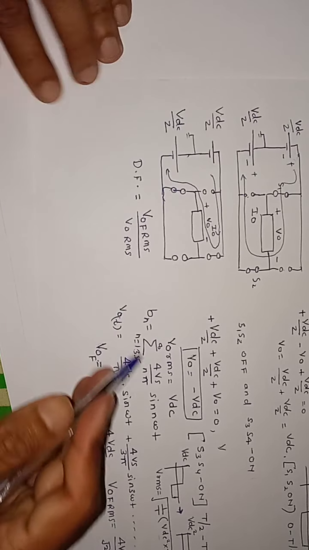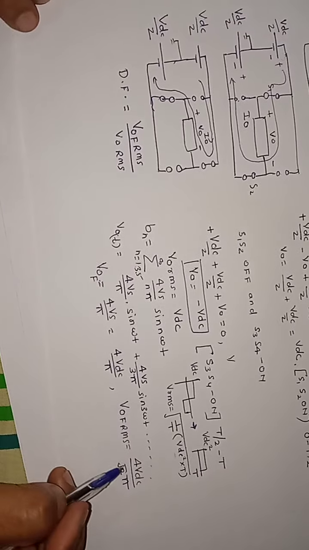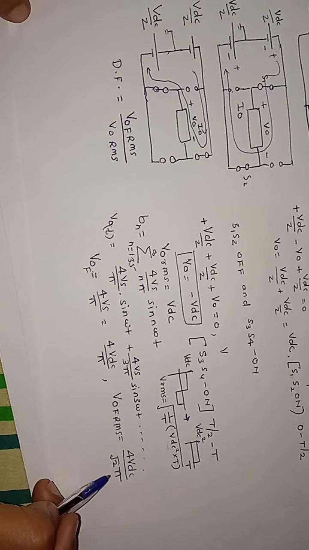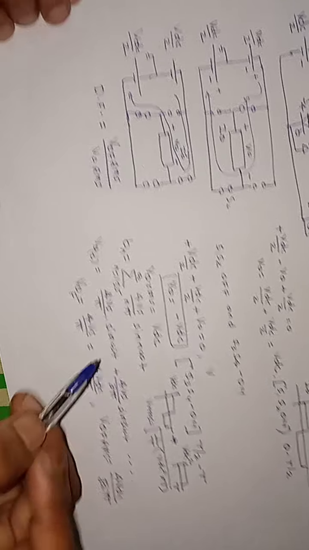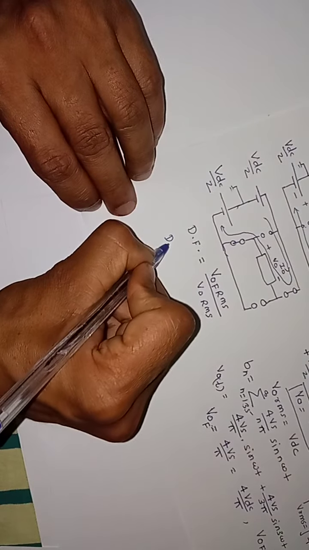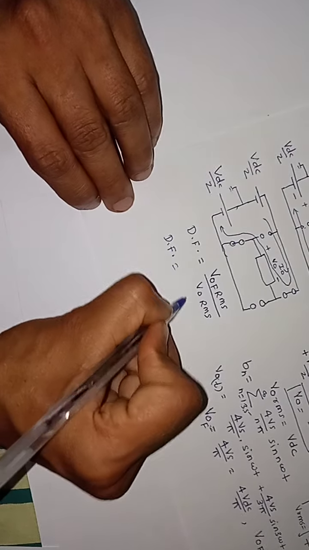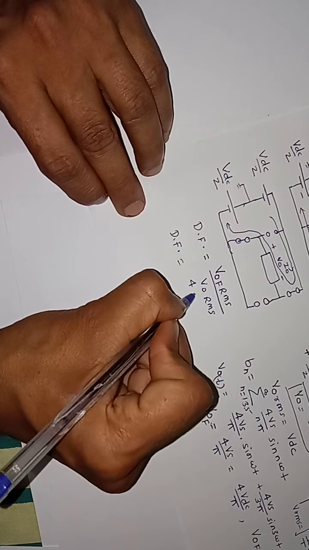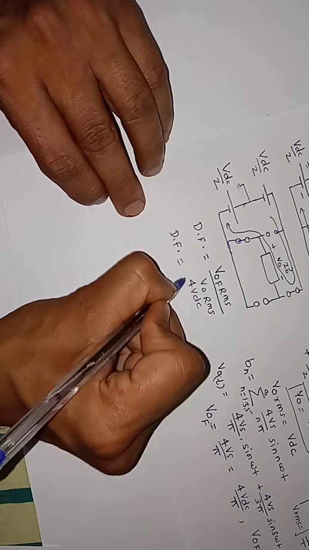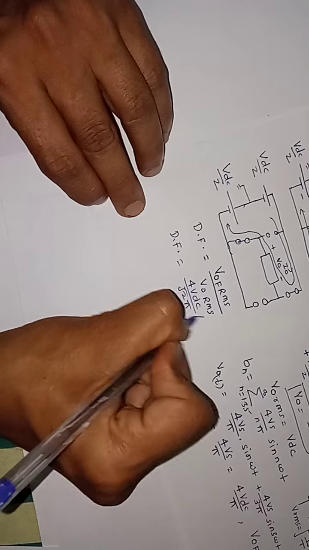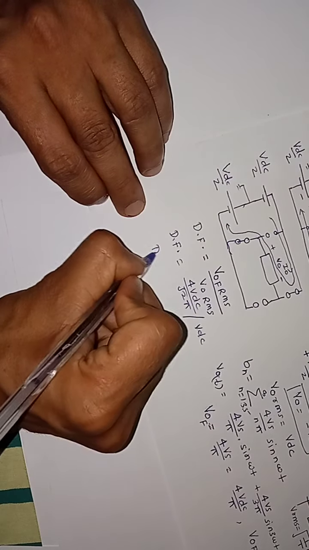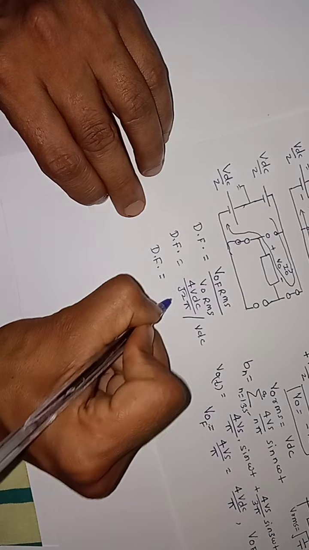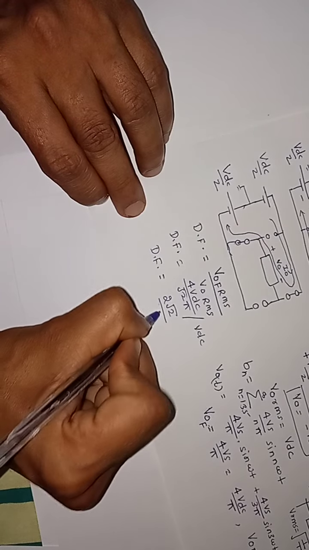We know that VOF RMS is equal to 4 VDC upon root 2 pi, and VO RMS is equal to VDC. So the distortion factor is 4 VDC upon root 2 pi divided by VDC. When we calculate, we get the distortion factor as 2 root 2 by pi.